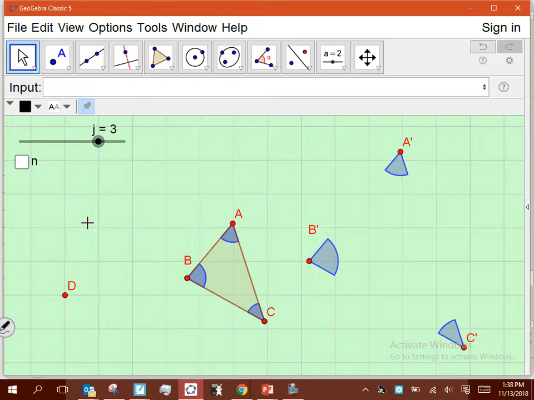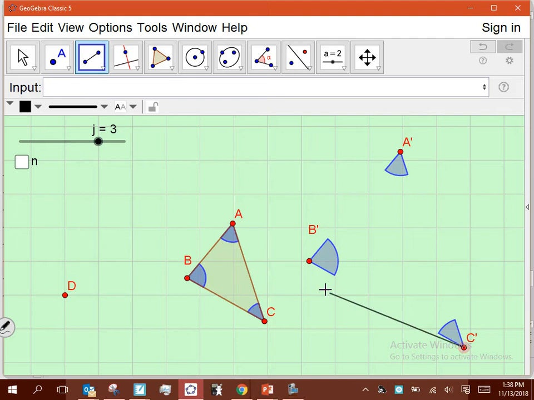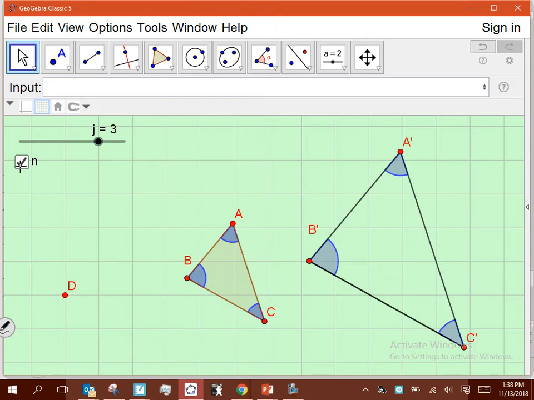Meaning that if I connect C prime to B prime, I could legitimately make those closer together if I wanted to, right? Does that make sense? Same thing here when I make the other one, okay? I could either expand the distance between A prime, B prime, and C prime, or condense it.